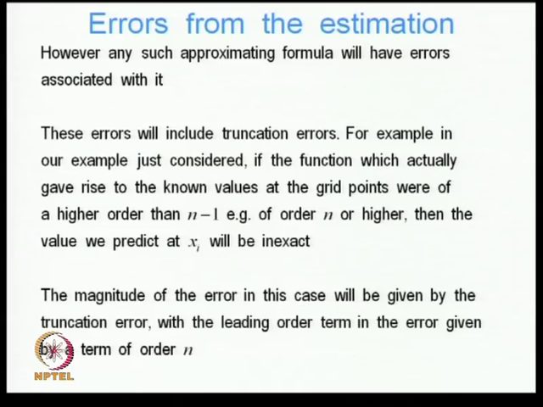The magnitude of the error will be given by the truncation error, with the leading order term of order n, because that is the term which my approximation formula cannot capture. All lower order terms my approximation formula can capture. The first term I cannot capture, which is higher than n minus 1, is of order n. So, my error is of order n.